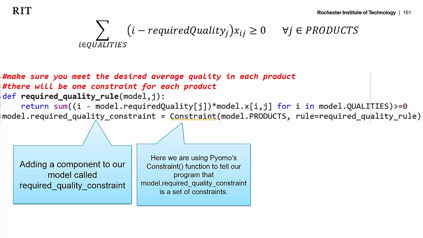And then we're using Pyomo's constraint function to tell our model that this thing that we just named is a set of constraints.